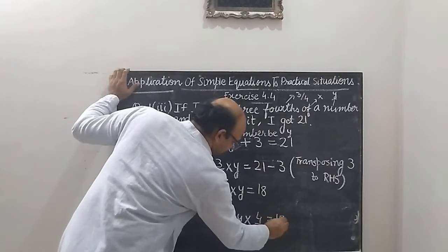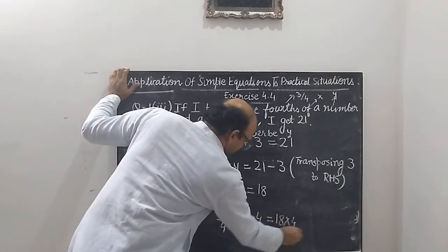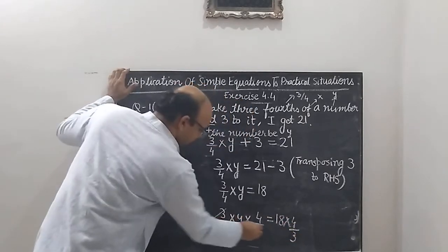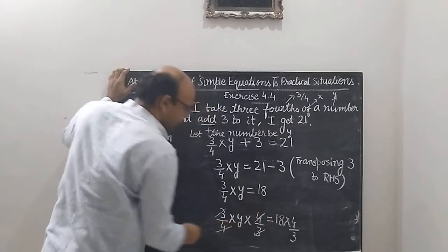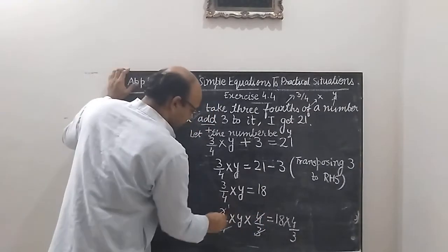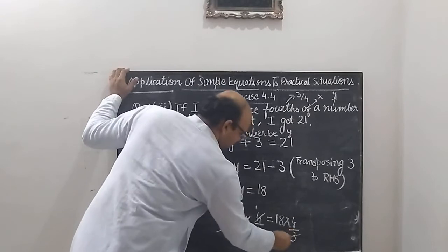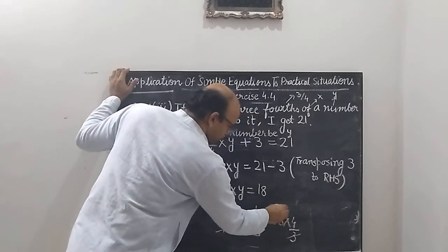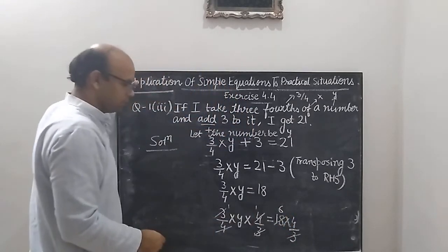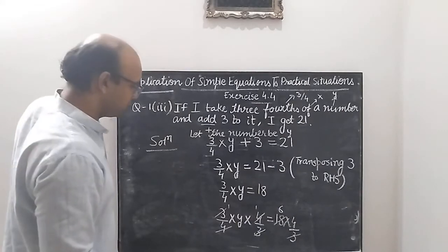So multiplying both sides by 4 by 3. So this is 18 into 4 by 3. 3 and 3 cancel out. 4 and 4 cancel out. This is giving you 1. And 3 and 18 cancel out, leaving 6.